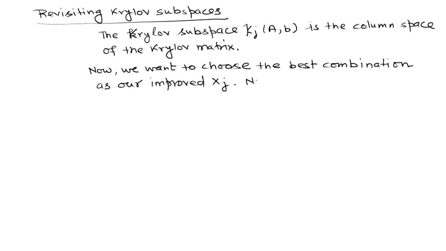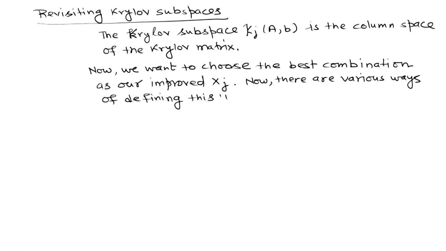Now, there are various ways of defining this best, or various ways of choosing x_j in the jth Krylov subspace of A and b. So, let us see what those ways are.